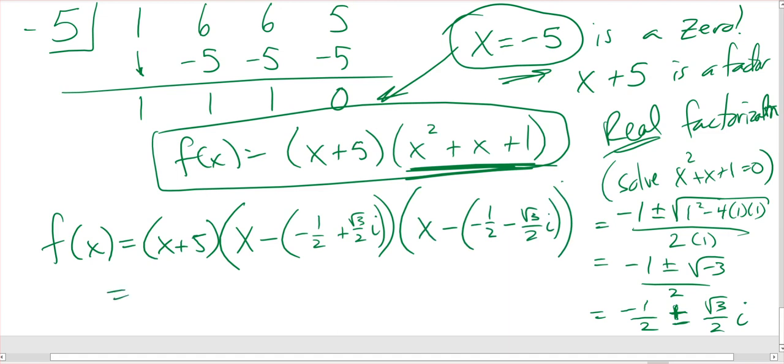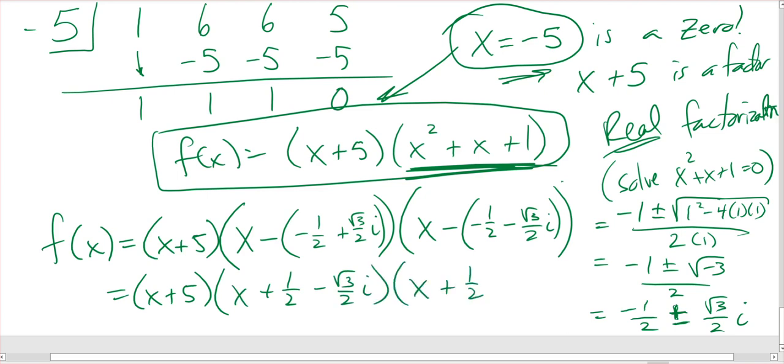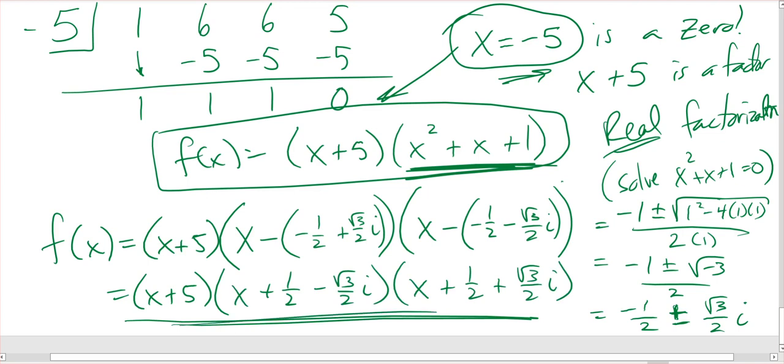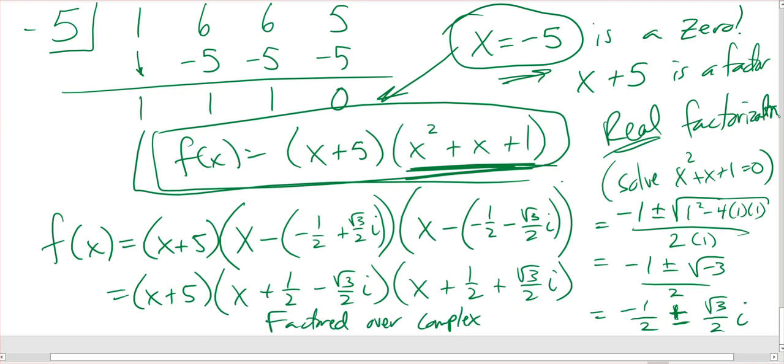We might want to write this with our negatives distributed through, but that's kind of a formality, and we don't necessarily need to do that, but we can if we want to. So this one on the bottom is factored over the complex numbers, and the other one up here was factored over the real numbers.